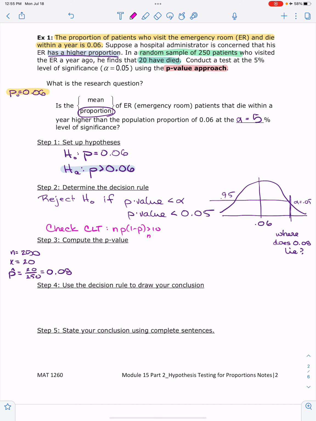Here our sample is 250. My P is the population proportion, 0.06. 1 minus P is 0.94. When I multiply those together, I get 14.1, which is greater than 10, which you need to acknowledge, so we are okay.